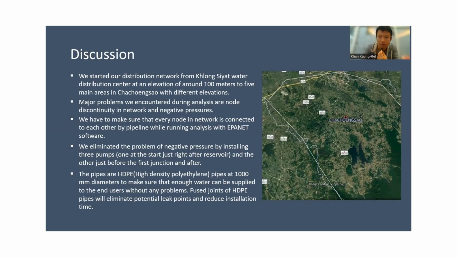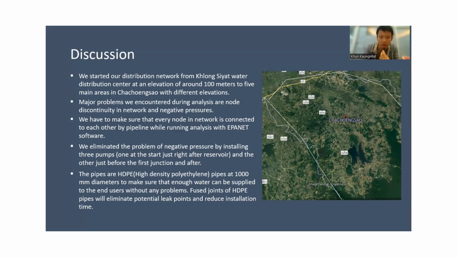There are different elevations. Some points have a higher elevation than our original reservoir, some are lower. In distributing the network across different elevations, we encountered several problems. The major problems were that the nodes were discontinuous at some points, and some negative pressures appeared after running the analysis.